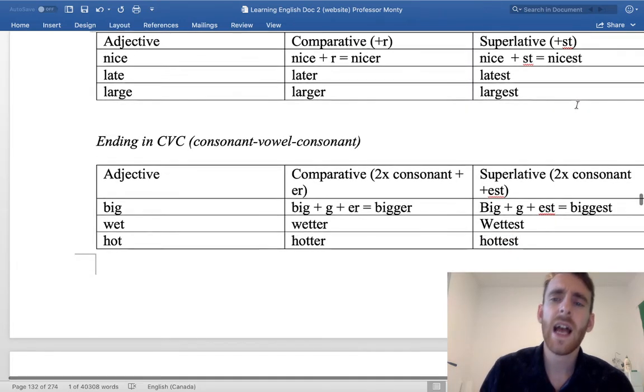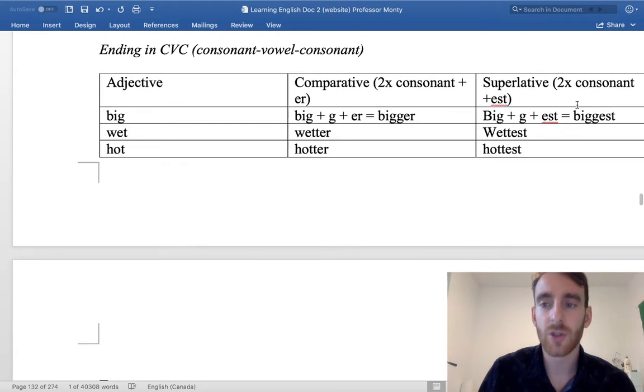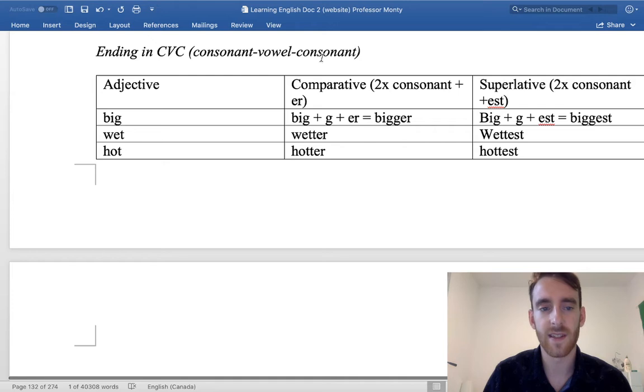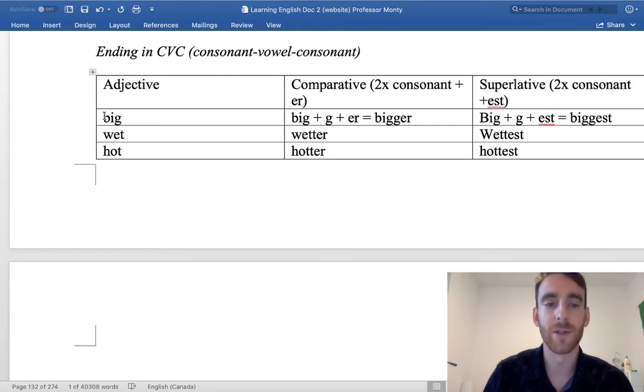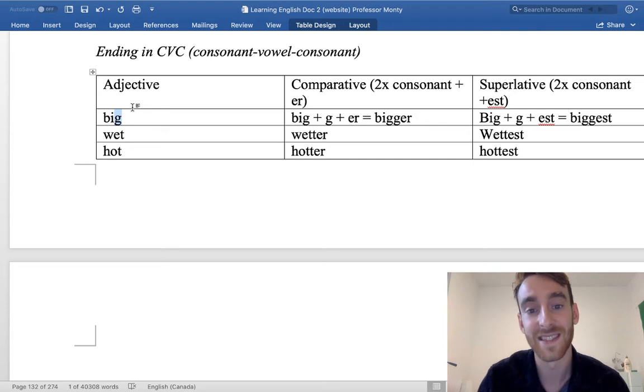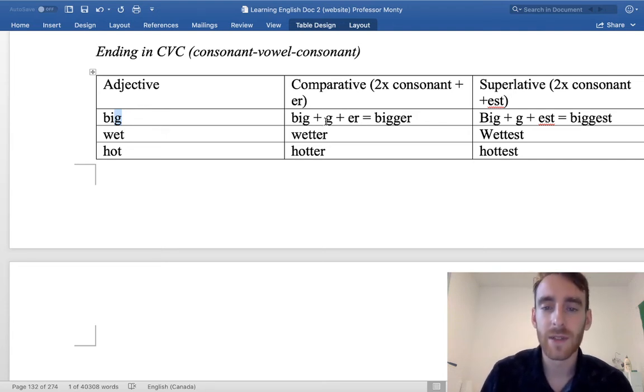Okay? Now is where it gets a little tricky, with this little CVC consonant vowel consonant thing. So if the adjective ends in CVC, so this is your consonant, I is your vowel, and G is your consonant, if that's how it ends, because it only has 3 letters, we want to double it.